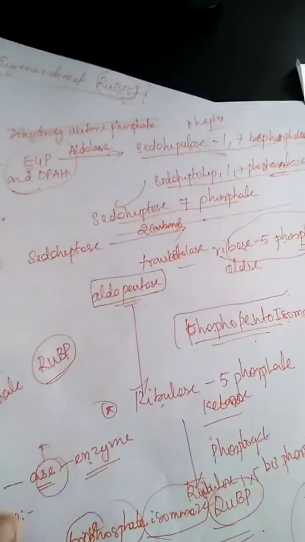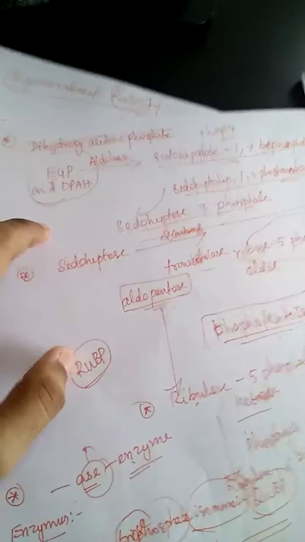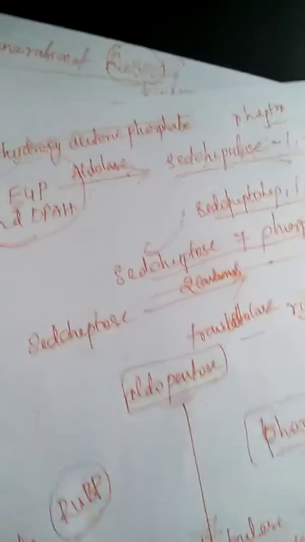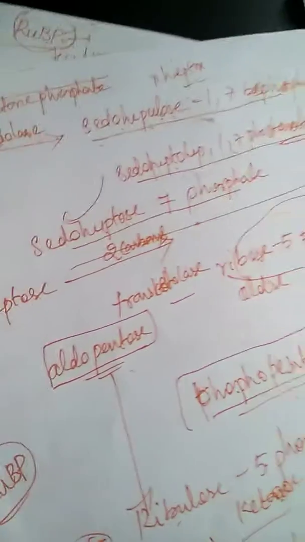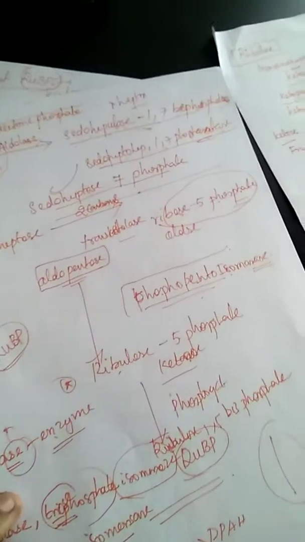You have to remember that. Before doing this, we took aldolase and fructose 1,6-bisphosphatase, and we converted this into fructose 6-phosphate.